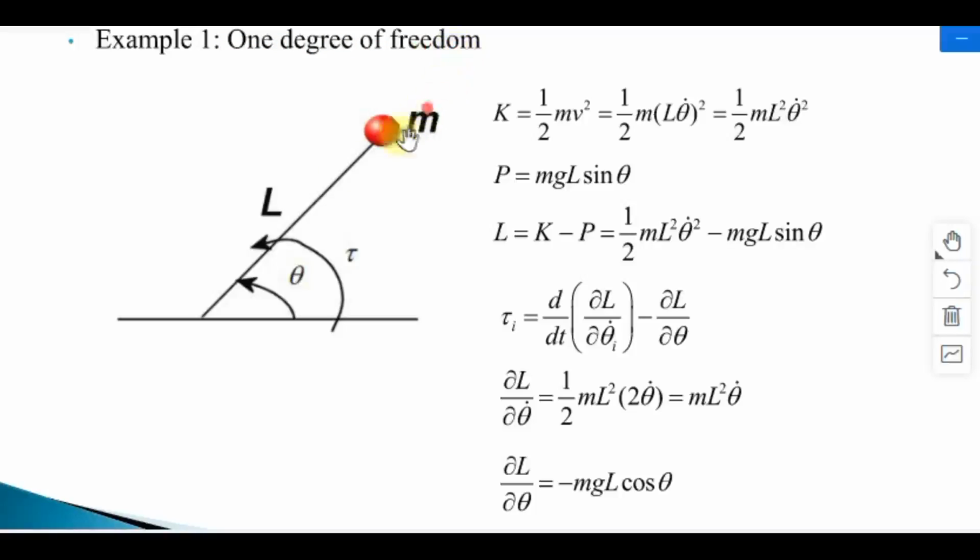For 1 degree of freedom, K equals half mv square. Fine. It equals half m, and v is L into theta dot.